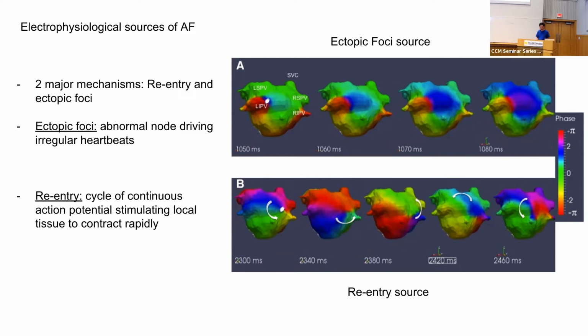The second potential electrophysiological cause is hypothesized to be re-entry, which can be explained as a cycle of cardiac tissue that keeps depolarizing itself. The depolarization, or the electrical impulse from the SA node, might travel around a certain node on the heart tissue, on the heart surface. This could be caused by scarring, or by ischemia, where part of the heart tissue might have died.